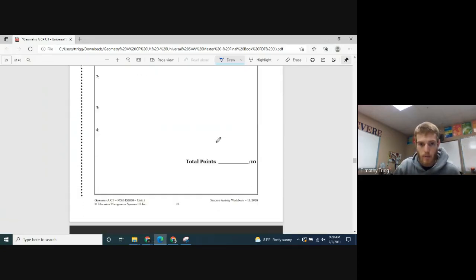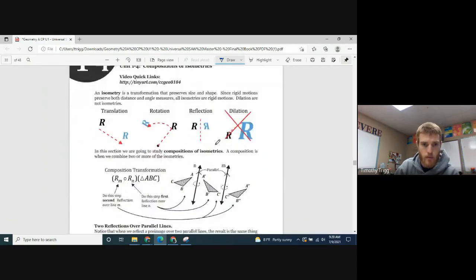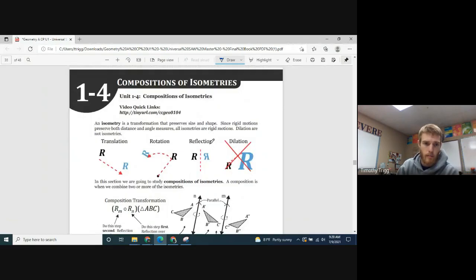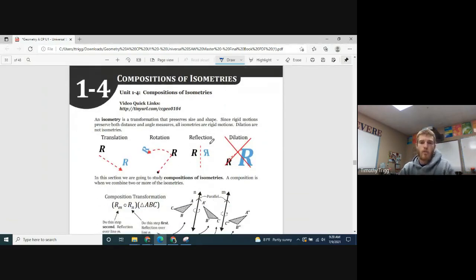I'm going to put the document camera away, and let's look at section 1-4. So this is composition of isometries. Sometimes you want to do multiple things to a shape. You might want to translate and then reflect, or reflect and then rotate, or maybe do a rotation and another rotation, right?